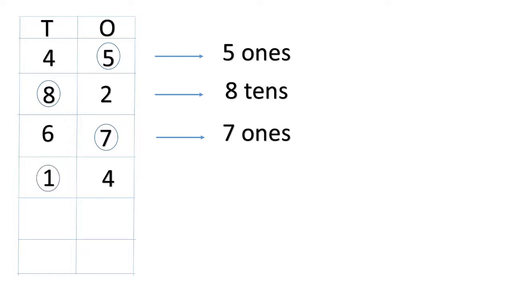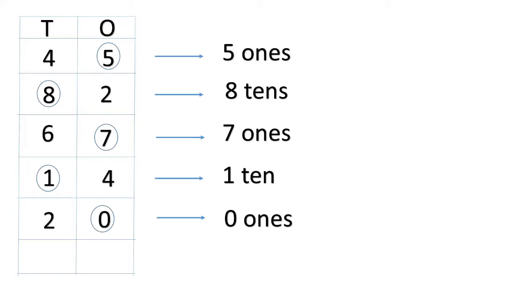I've circled number 1. So how do we write it? 1 is in 10's place. So we write it as 1 ten. We'll go to the next number. The number is, yes, 20. I've circled number 0, which is in 1's place. So how will we write it? Yes, it is 0 ones.